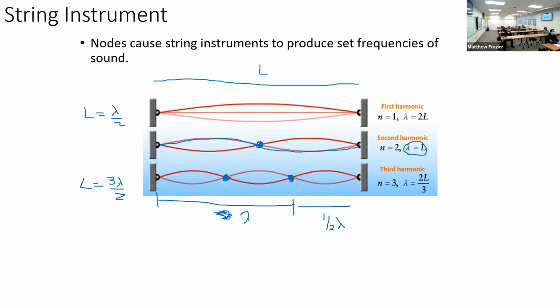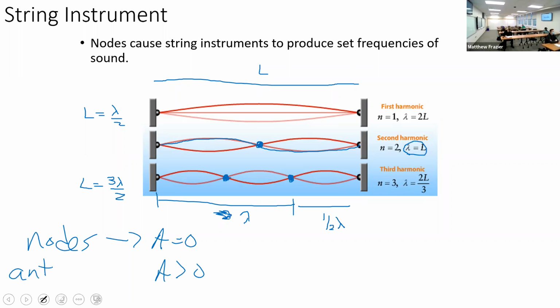So points that are 0 amplitude are called nodes. And then the points where you have large amplitudes are antinodes. I don't know why they're called this. That's just the terminology.